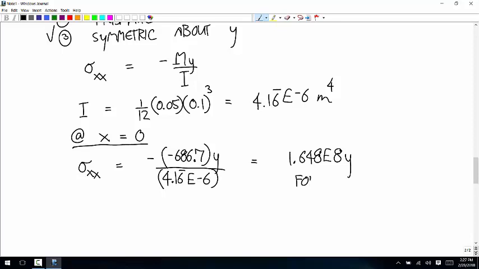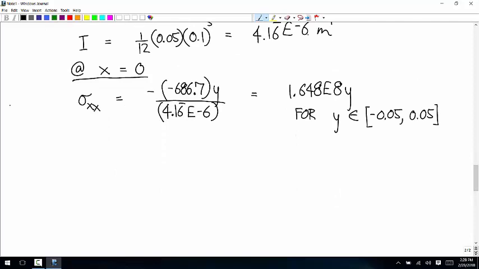So this is for y's in the range of negative 0.05 to positive 0.05. I guess this is inclusive actually. Yes, because remember at the center of the beam on the neutral axis, the reason it's called the neutral axis is because the length doesn't change there. And if there's no deformation, there's also no load.